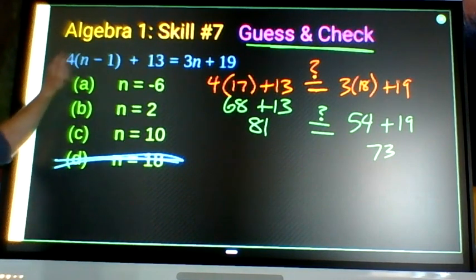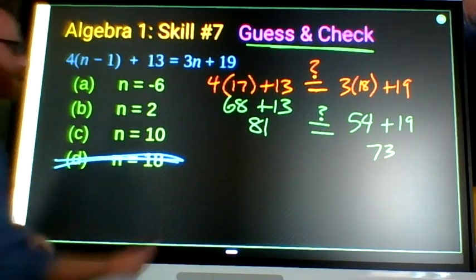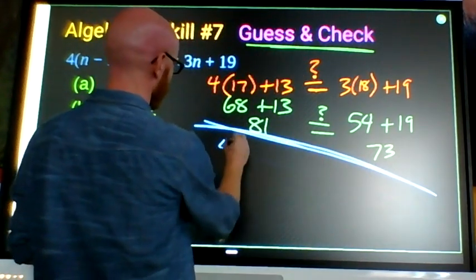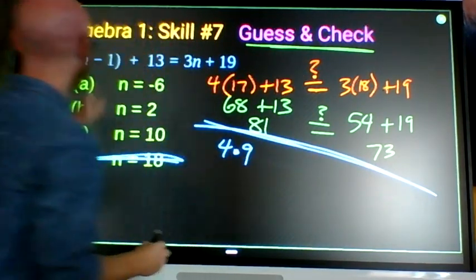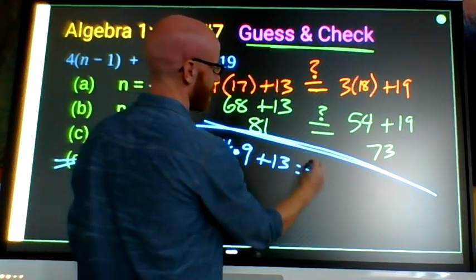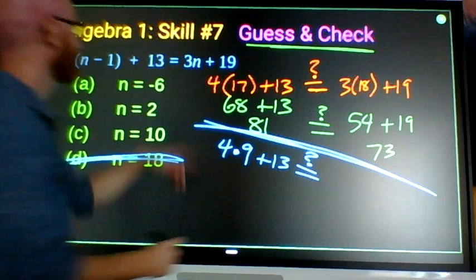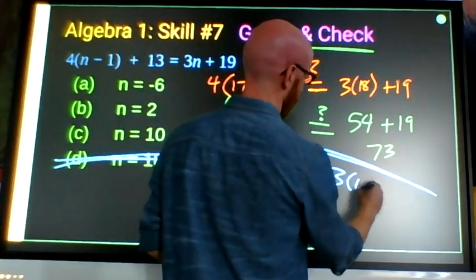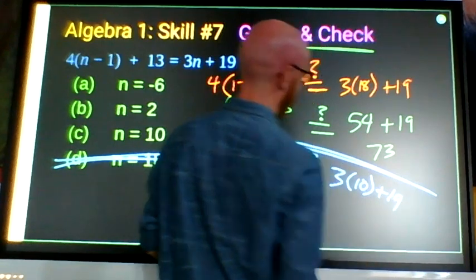All right, 4 times 10 minus 1, that's going to be 4 times 9, plus 13. Does that equal 3 times 10 plus 19?